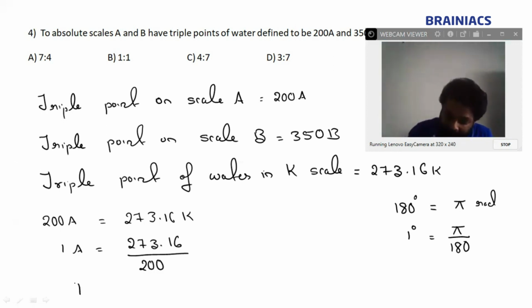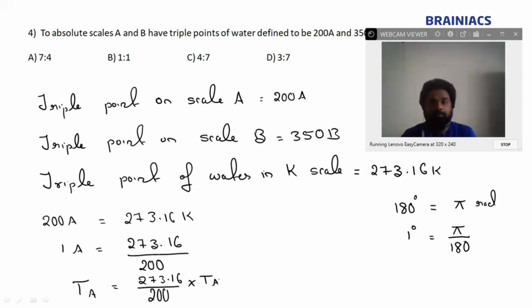So I could write a temperature, TA, is equal to 273.16 divided by 200 into TA. Correct? Same way I could write, they are asking the ratio of TA and TB, the relation between TA and TB.